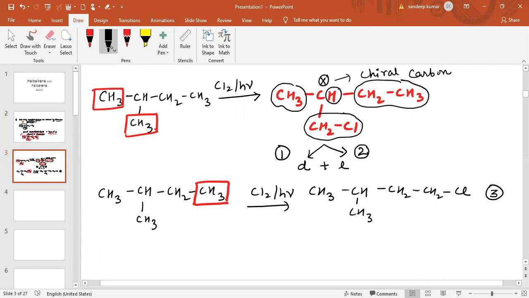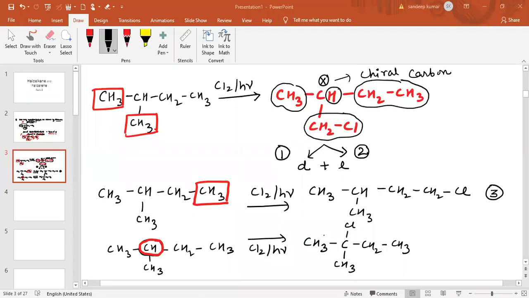Now see another. Now I am targeting another hydrogen. You people say which hydrogen should I target now? Now I am targeting this one hydrogen. So this hydrogen is being replaced by chlorine. In this case, this is basically not the chiral carbon.